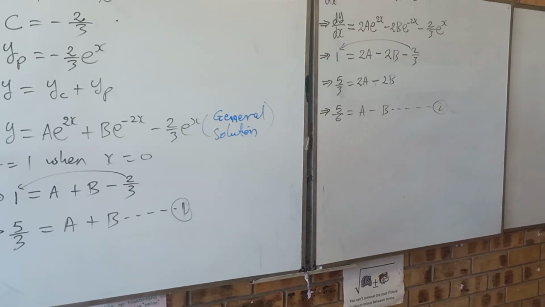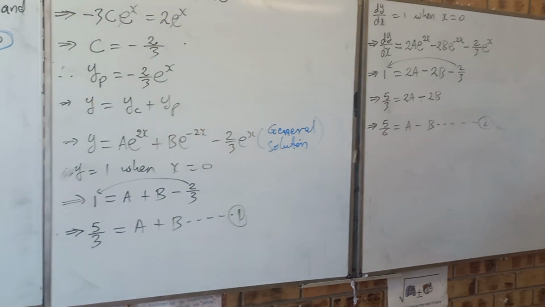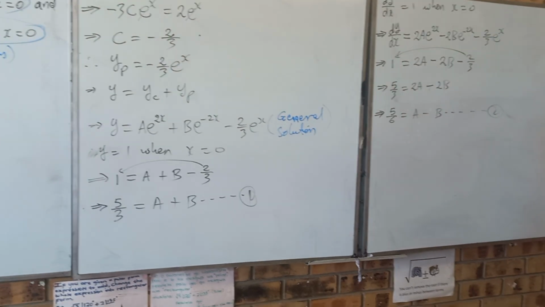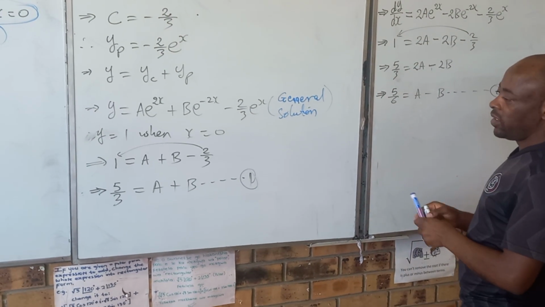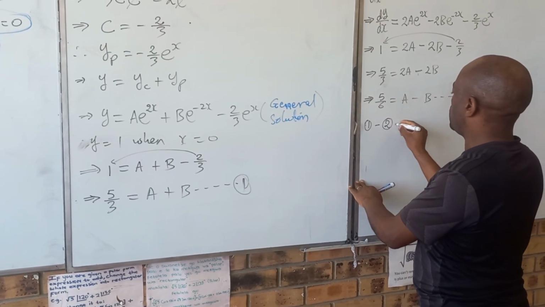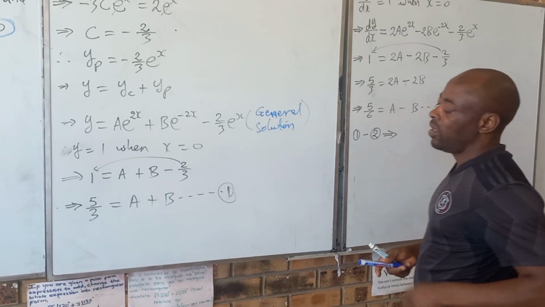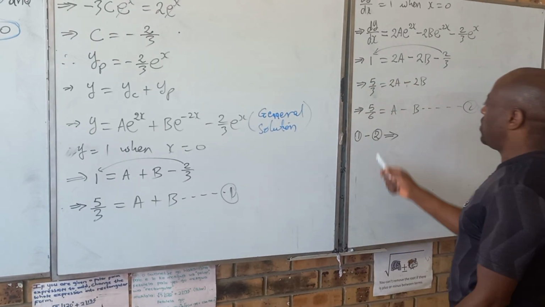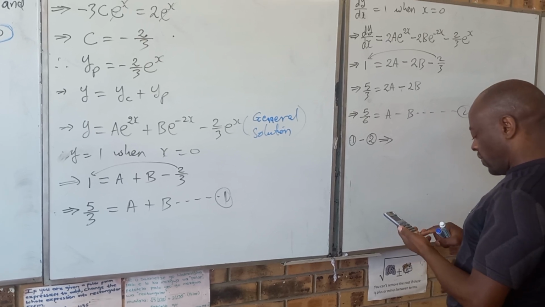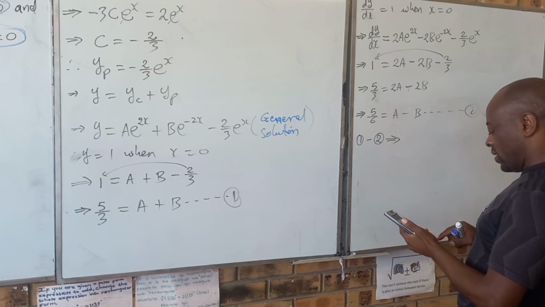So I need to solve equation 1 and equation 2 simultaneously. I can use the elimination method. I'm going to take equation 1 minus equation 2. Equation 1 has 5 over 3 on the left, equation 2 has 5 over 6, so I'll be taking 5 over 3 minus 5 over 6.